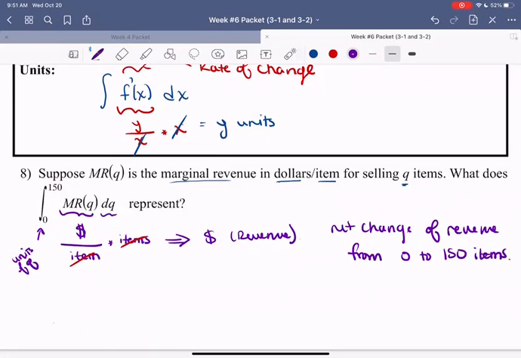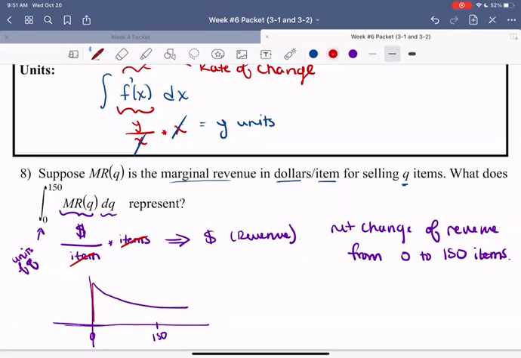And that's, again, as we've seen when we've done all of these examples, we've looked at our interval where we're taking an interval along the horizontal or input axis. So for us, if we want to draw this picture, it looks something like this, 0 to 150. Maybe our marginal revenue looks like this.